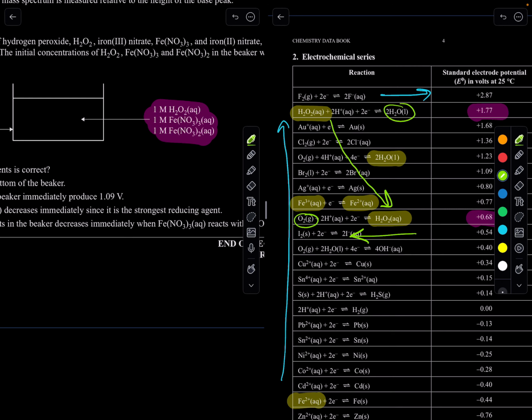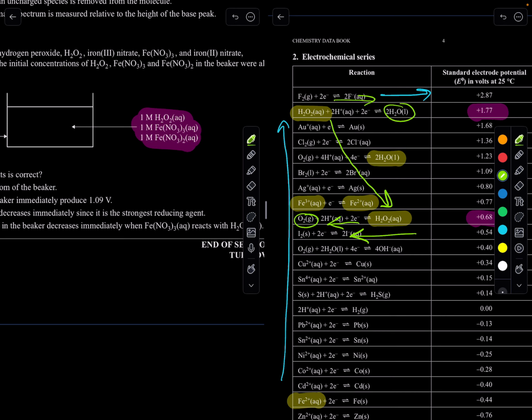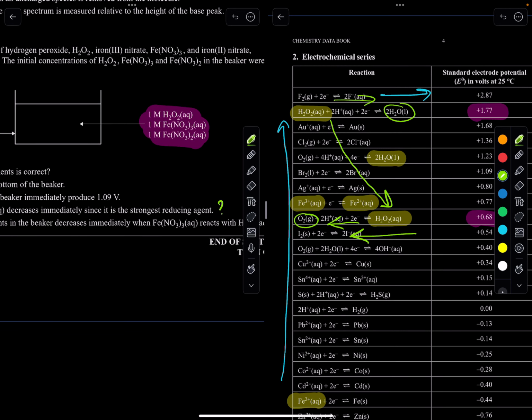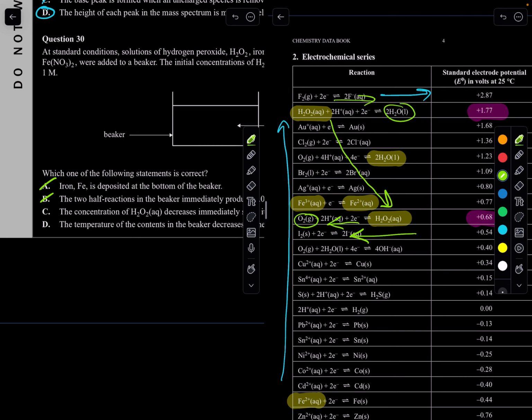Yes, the concentration is going to decrease, because when you're forming oxygen gas, you're using H2O2. And when it's being reduced in here, you can see that it's also being used. So it is going to decrease in concentration overall. But I'm going to put a question mark here, because it's also acting as an oxidizing agent. I think they should say not just reducing agent, but also oxidizing agent. So I'm going to put a question mark on that one, because it's merely correct, but maybe missing a part.